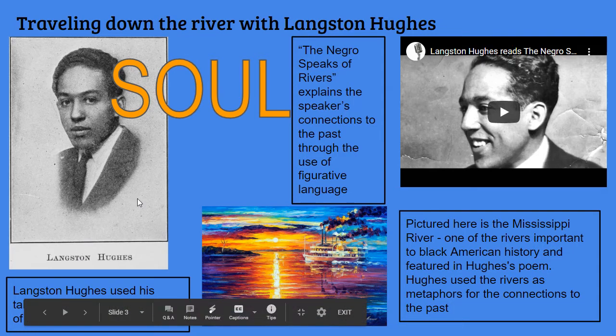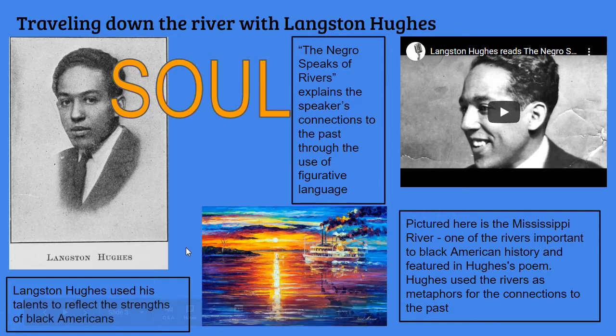Langston Hughes used his talents to reflect. Notice this little toolbar is in my way here, unfortunately. Langston Hughes used his talents to reflect the strengths of Black Americans. Langston Hughes was one of the most important writers of the Harlem Renaissance, a very good contributor who is still read today.